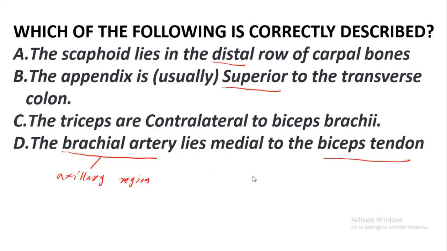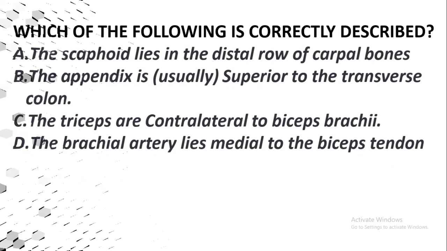In terms of the relation, the biceps tendon is coming from the biceps muscle, because the biceps muscle normally sends two tendons. As a result, it is known as biceps. Triceps has three tendons, sorry. All right, so the correct answer in this case is D, because the brachial artery lies medial to the biceps tendon.